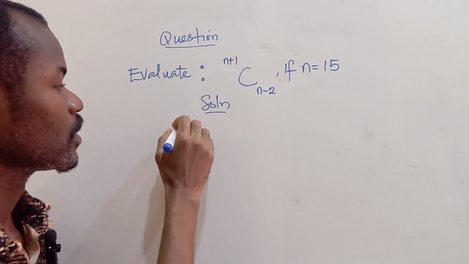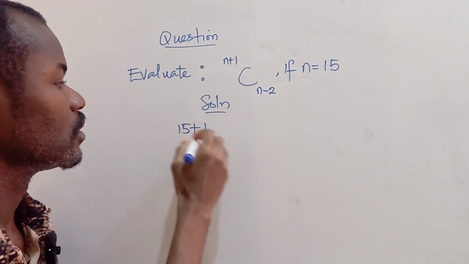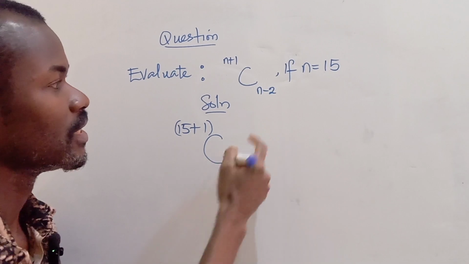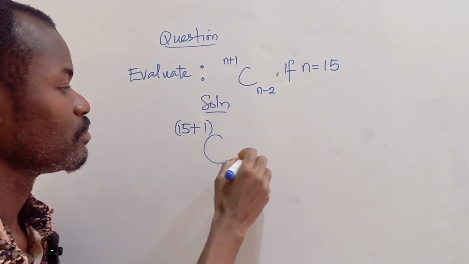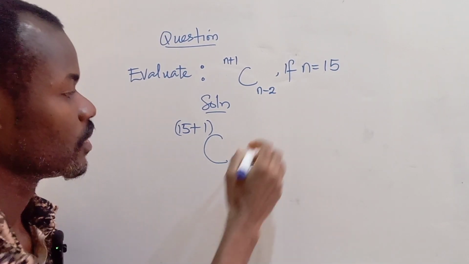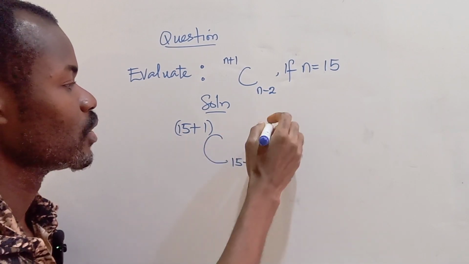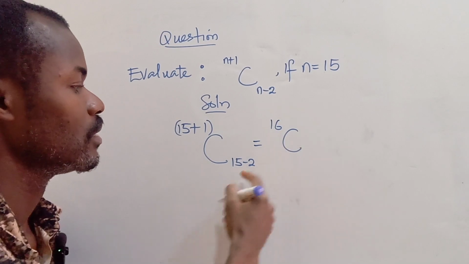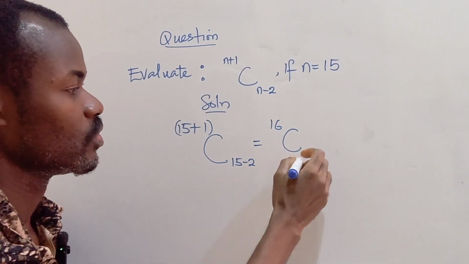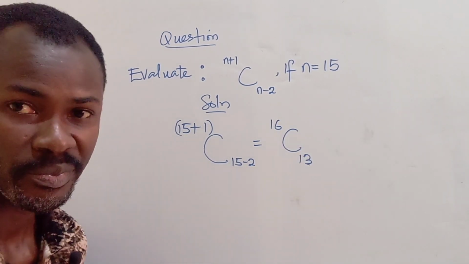So we have 15 plus 1, combination, 15 minus 2. This is going to give us 15 plus 1 is 16, combination, 15 minus 2 is going to give us 13.